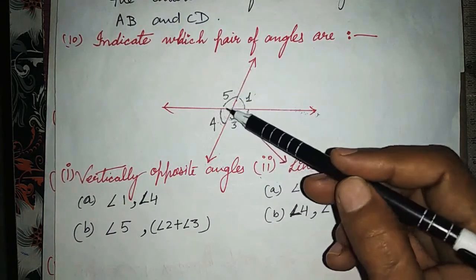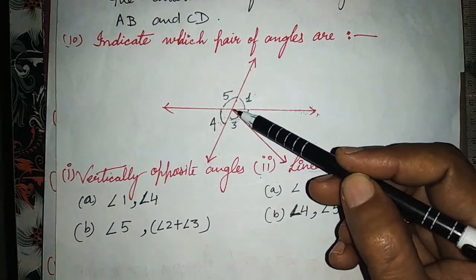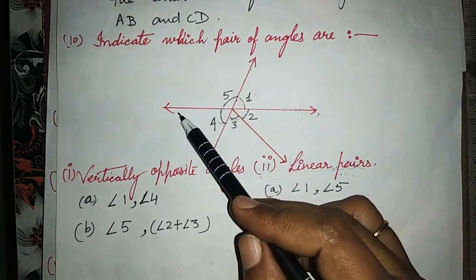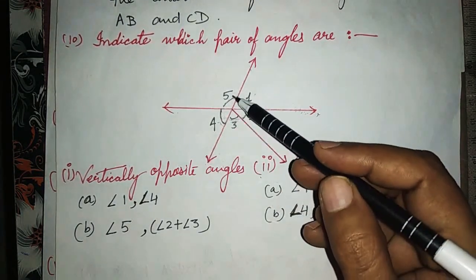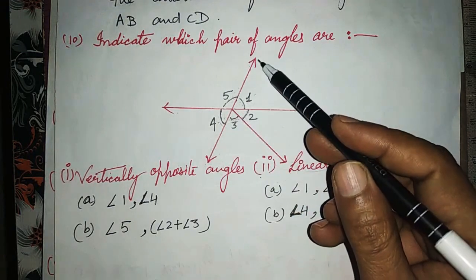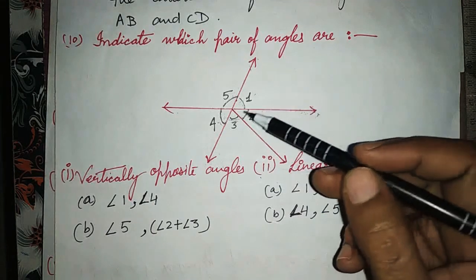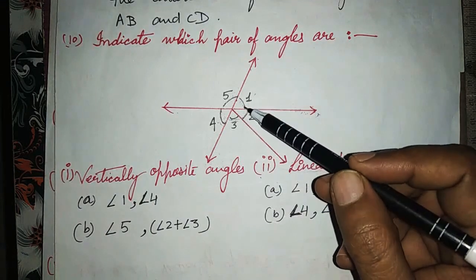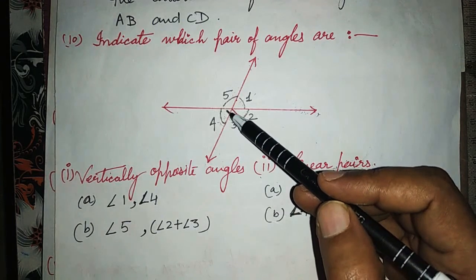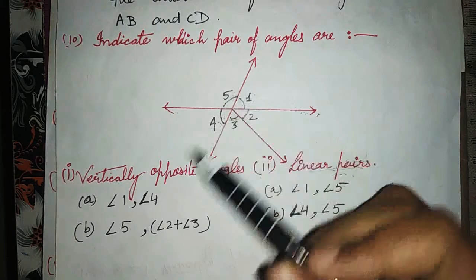Here also they both have a common vertex and a common arm, they are adjacent, and their non-common arms are opposite rays. So the first pair is angle 1 and angle 5, and the second pair of angles is angle 4 and angle 5.